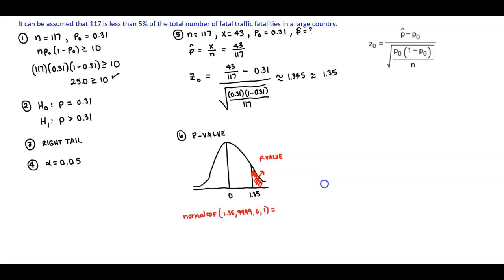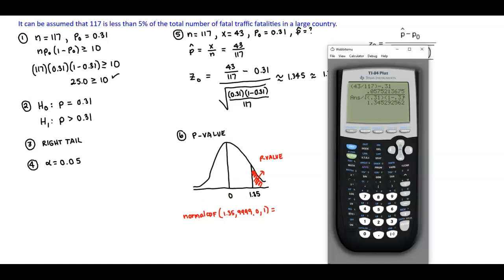Okay, so now we want to put that in our calculator. So let's do that. Second distribution, we're going to go to normal CDF. Our lower bound is 1.35. Our upper bound is 9999. We know that our mean is 0, our standard deviation is 1, and let's hit paste.